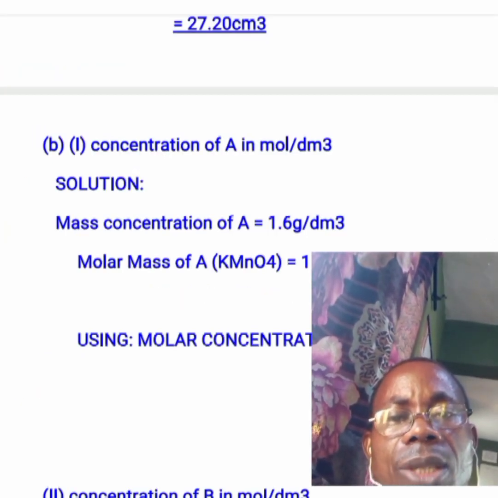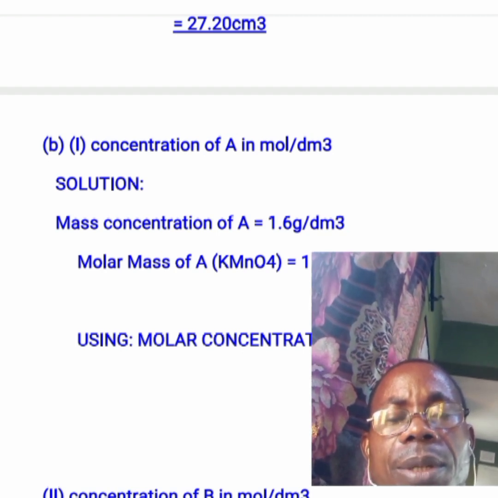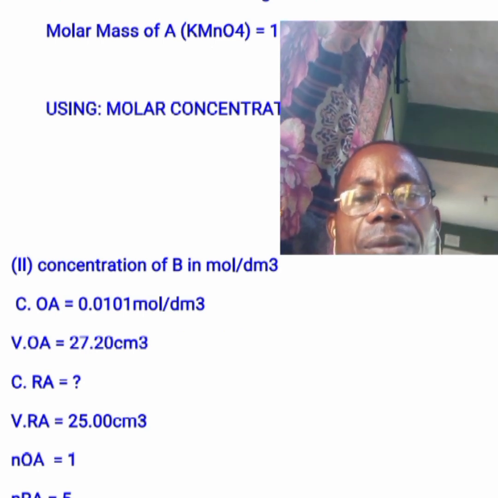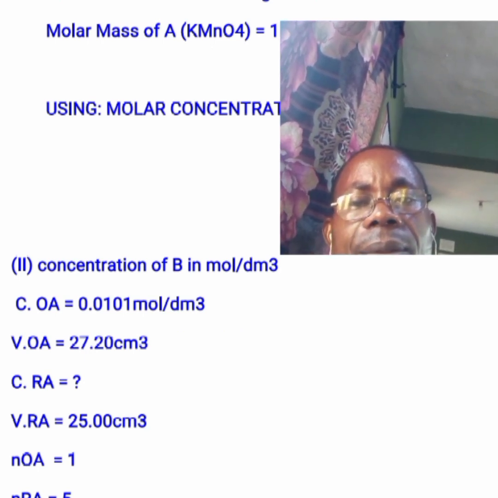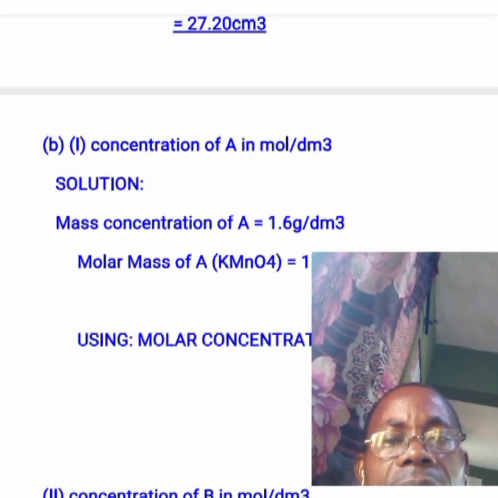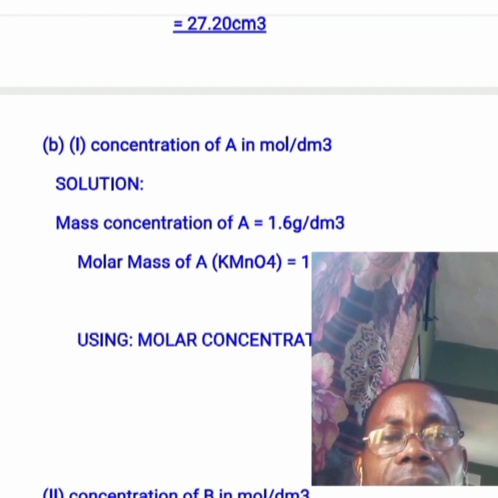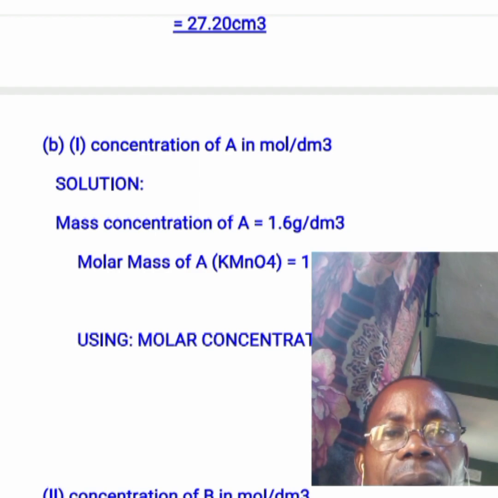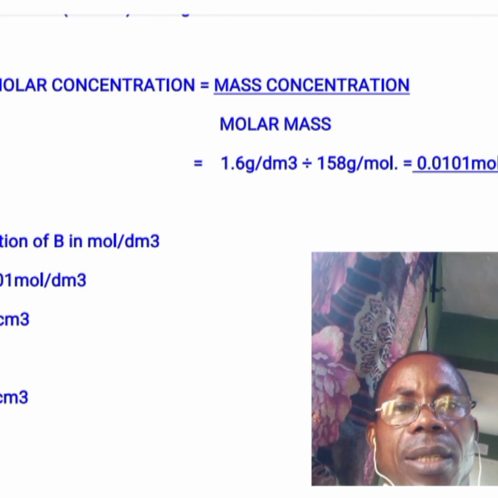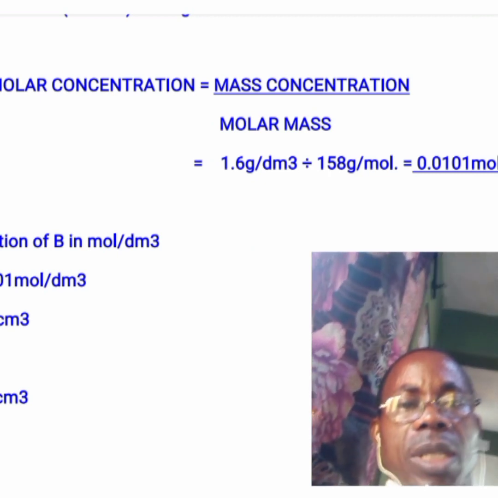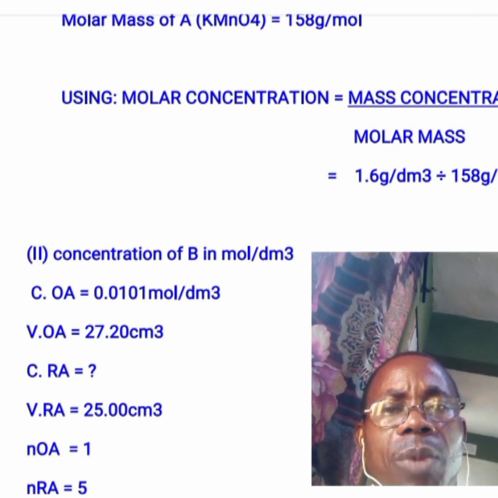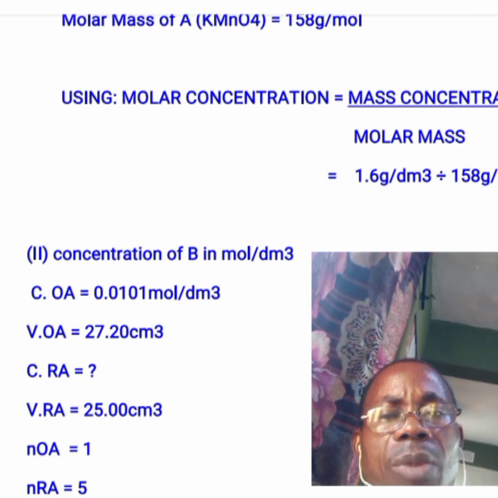BII says concentration of B in mole per dm cube. Of course, this is redox titration. COA means the concentration of the oxidizing agent. The oxidizing agent is the potassium permanganate, and the concentration of that is what we just calculated, 0.0101 mole per dm cube.